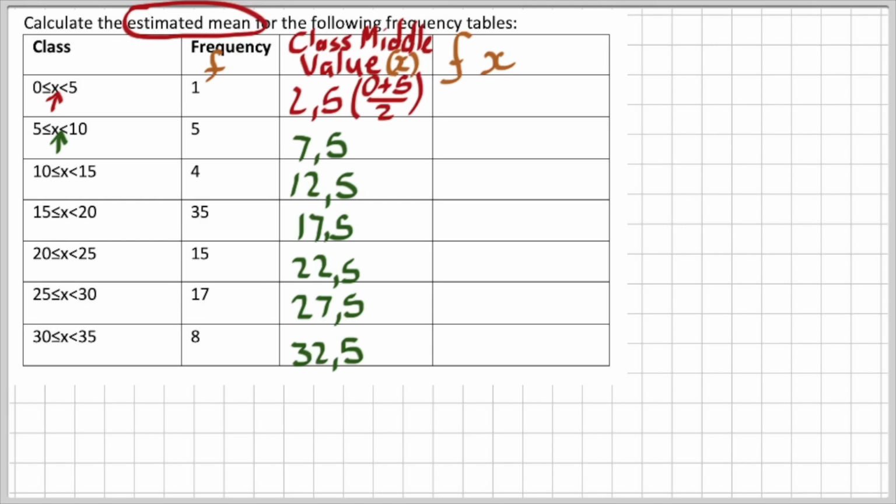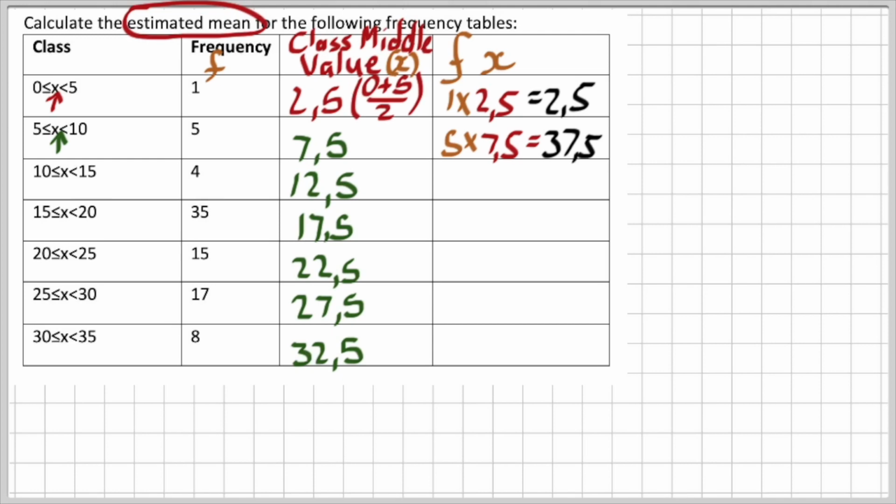In other words, just saying there was 1 2.5, which means if I add up all the 2.5s, the value of that is just 2.5. The same if I say 5 times 7.5. Adding up all the 7.5s, my answer is going to be 37.5.